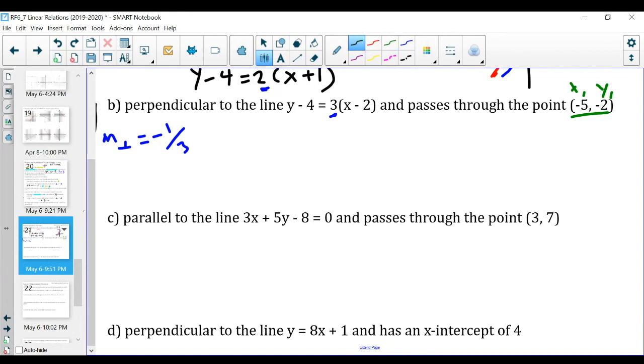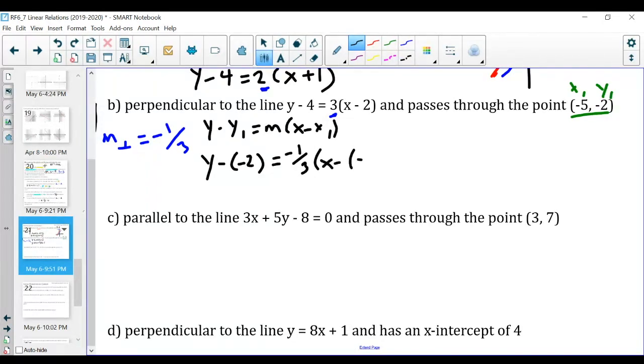So we're going to go ahead and plug those into our point slope form. y minus y1 is equal to m times x minus x1. We can substitute in those points. y minus a negative 2 is equal to negative 1/3 times x minus a negative 5.